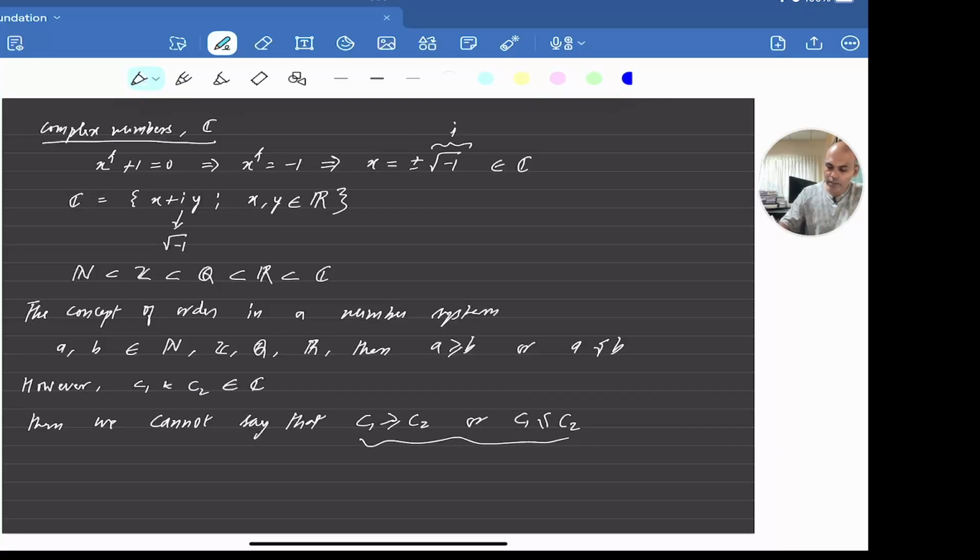So this ordering is not possible among complex numbers. So that is one of the major differences between the complex number system and the other number systems, such as the real number system that we just discussed.